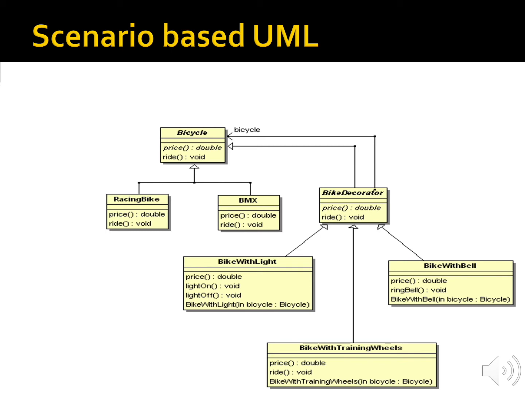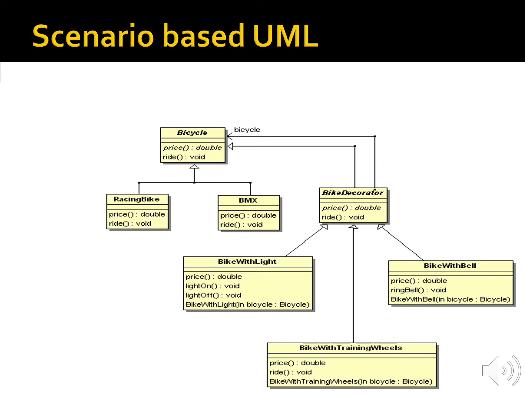The one is the racing bike and the second is the BMX bike. Now there is a requirement that you can add a light to the bike, you can add a bell, you can also attach training wheels, or you can also add a combination of all these additional features.